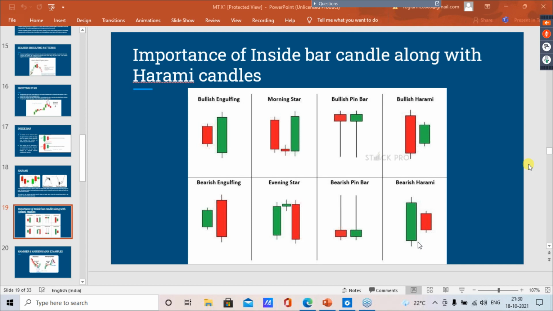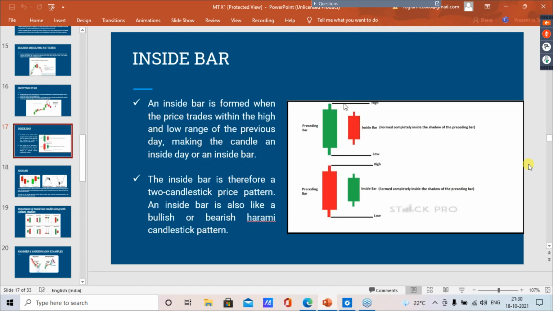So what is the main difference between inside bar and Harami? In an inside bar, we don't know which side will break. That is a very dicey concept. Wherever it breaks, we take a trade in that direction.